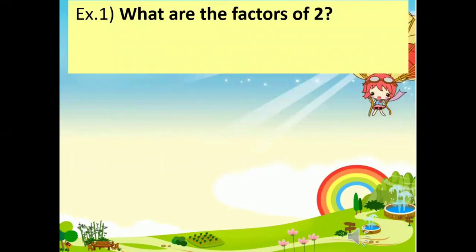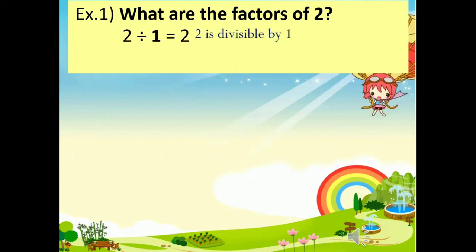What number can divide 2 that will give an exact answer without remainder? So 2 can be divided by 1. The answer is 2, which means 2 is divisible by 1.